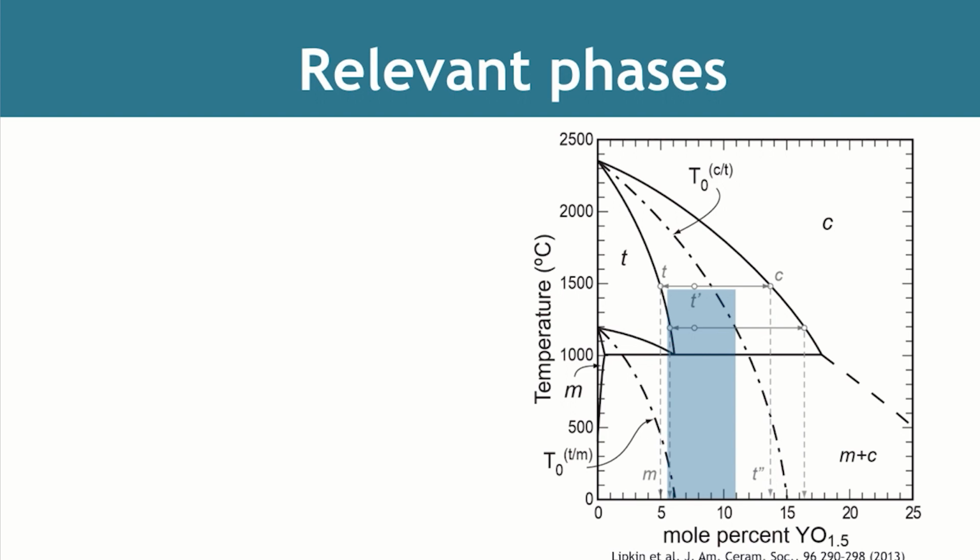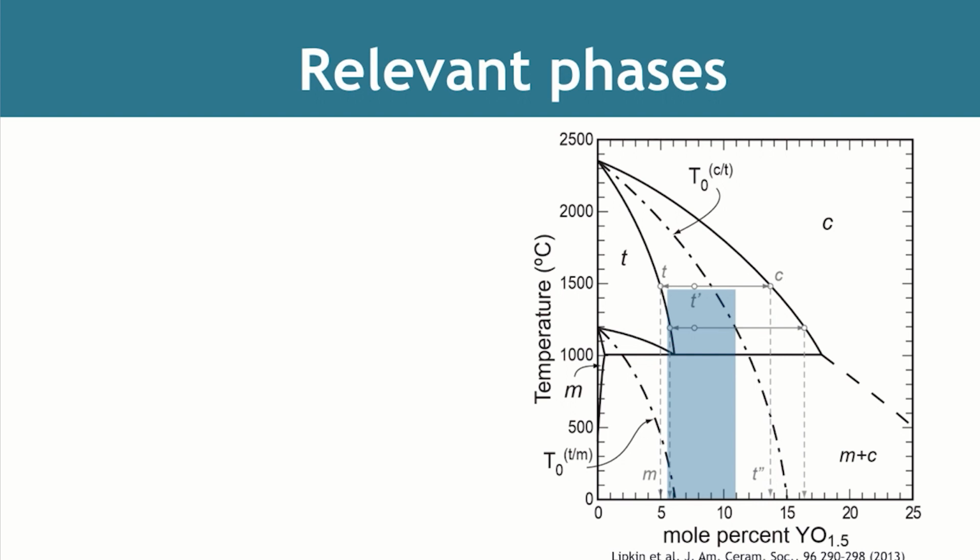When investigating yttria-stabilized zirconia, there are also other phases to consider. In the shaded blue area, we are within the region which is commonly used within dentistry. This is 3 to 5 mol% Y2O3, although in this figure it's represented as YO 1.5.